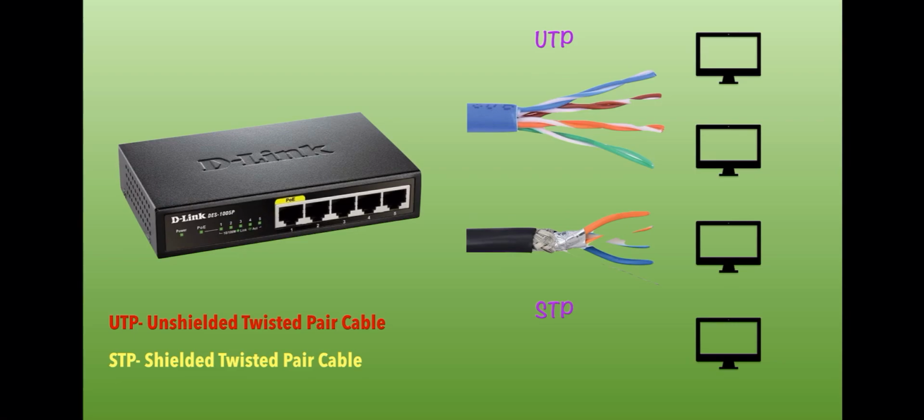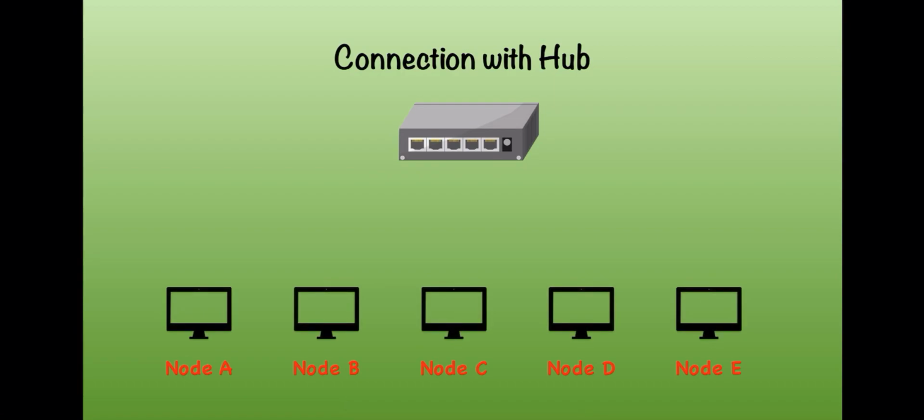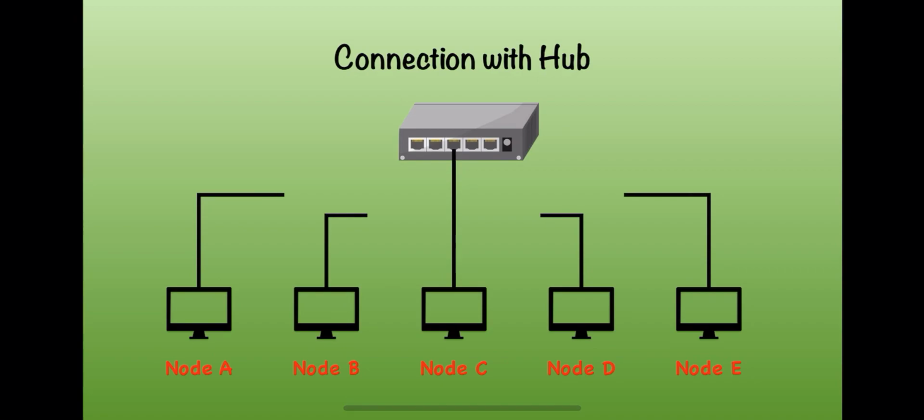So this hub is basically a layer 1 device as it functions at the physical layer of the OSI model. As we said, the hub connects all the nodes of a network. In this slide we will see how a hub works. In a hub the signal received on one port is transmitted to all other ports.